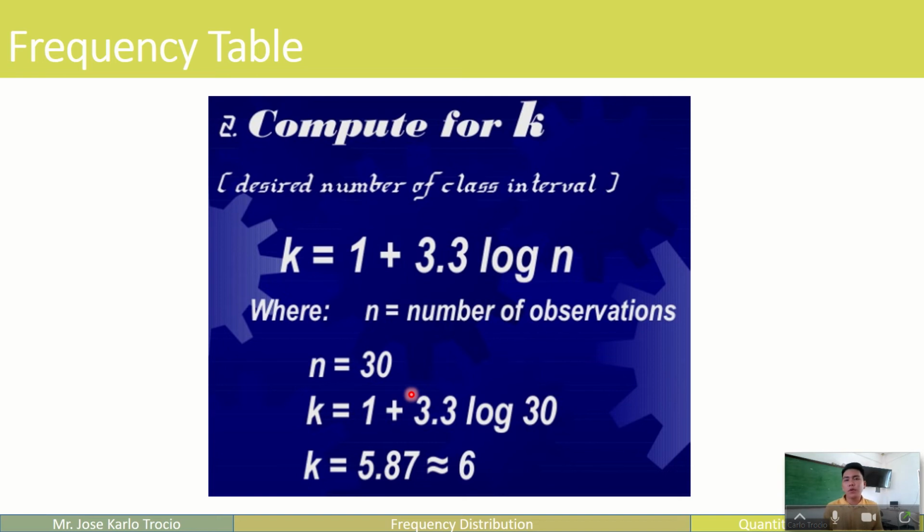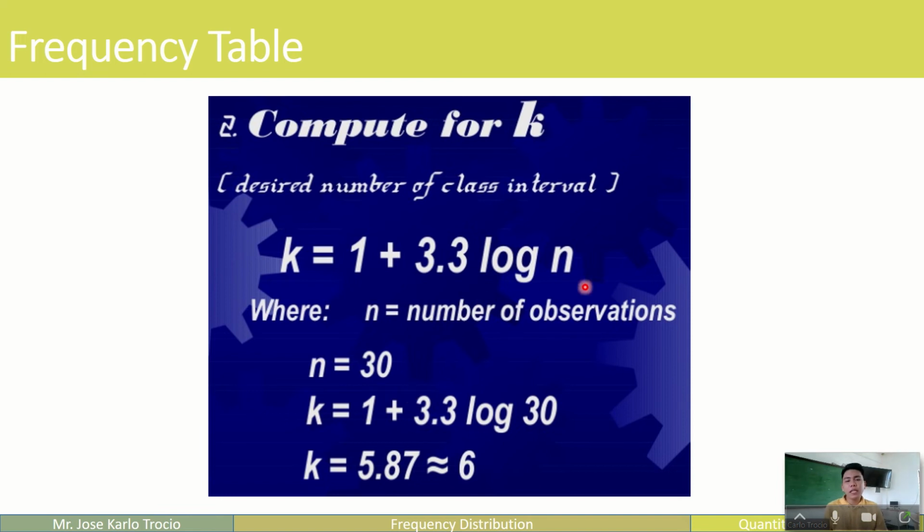How were we able to compute it? We are just going to use the formula k is equal to 1 plus 3.3 times log n. You can easily use it in a calculator, or if you do not have a calculator, you can use your cell phone or Google. You can search Google 1 plus 3.3 times log n. You just type it in the Google search bar.